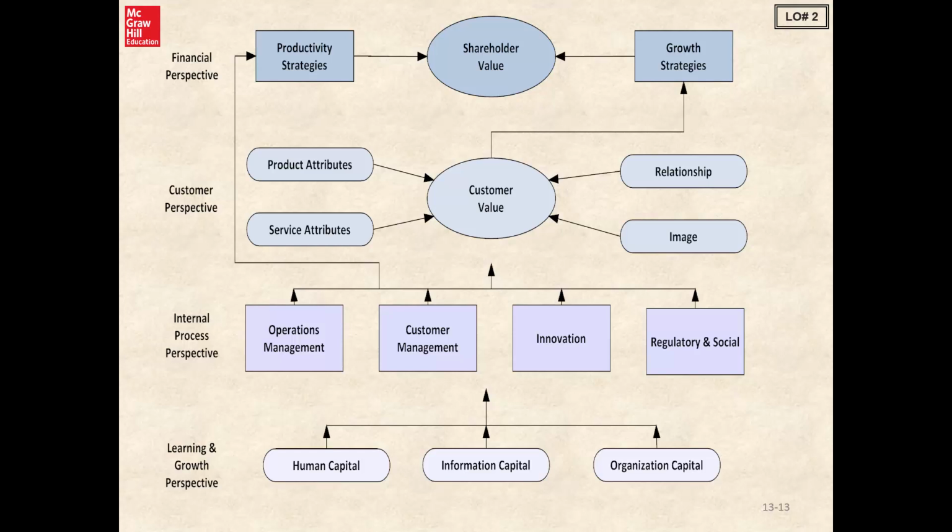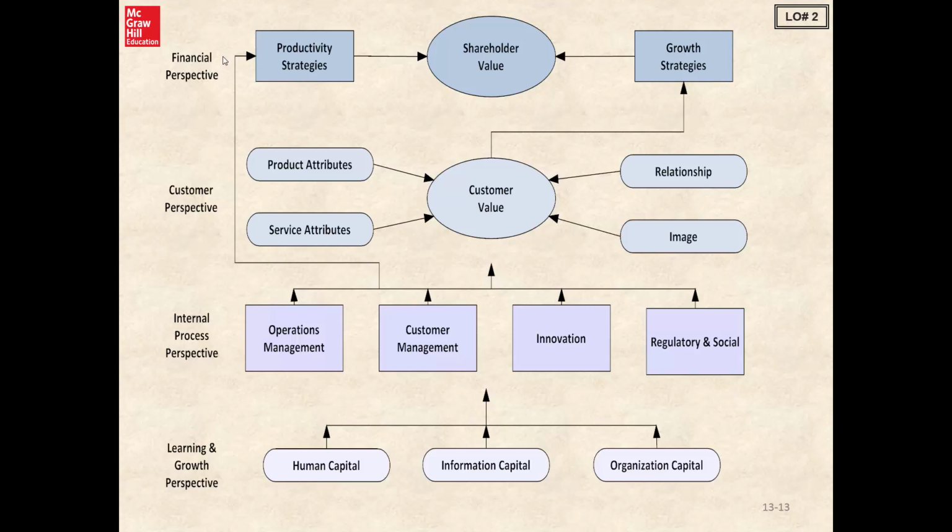So here is a strategy map. We have some different learning and growth perspectives: human capital, information capital, and organizational capital. And it flows up into the internal process perspective: operations management, customer management, innovation, regulatory, and social.